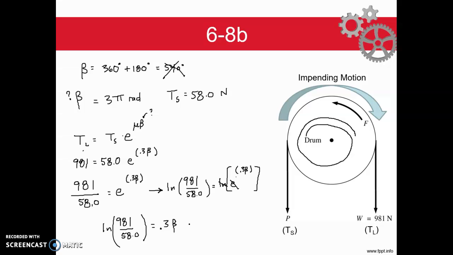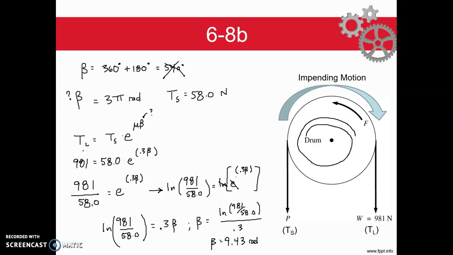So finally, to get beta by itself, I would just have beta is equal to the natural log of 981 divided by 58.0, and then divide all that by 0.3. So let's plug that into our calculator and see what we get. That gave me about 9.43.